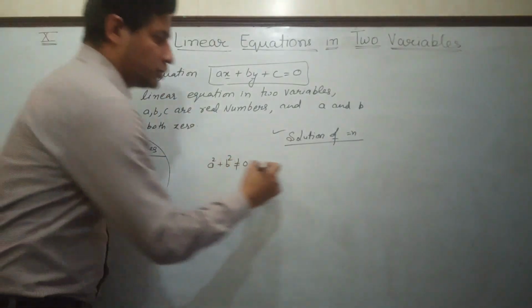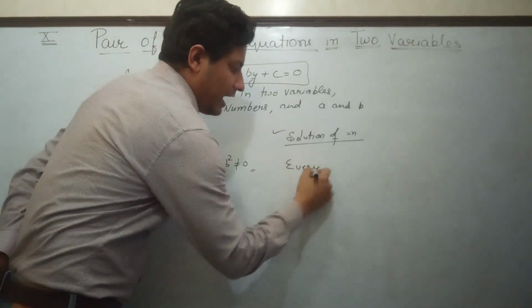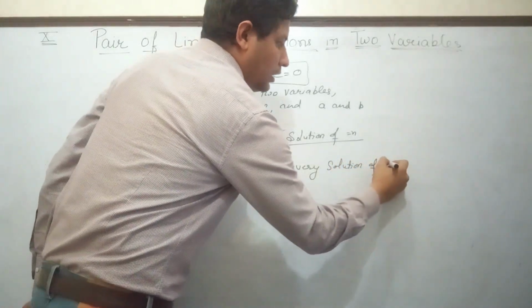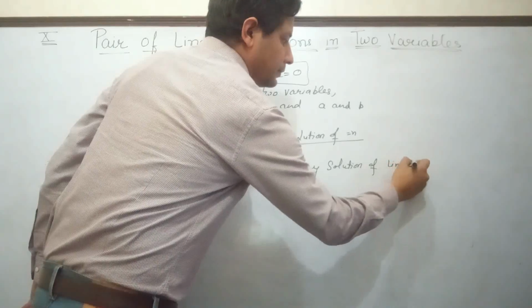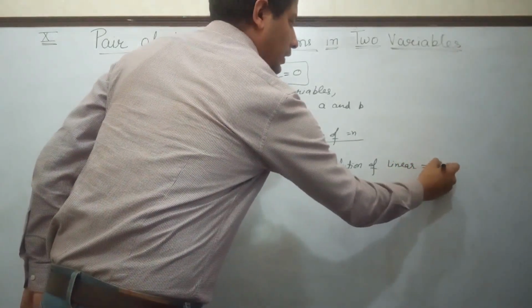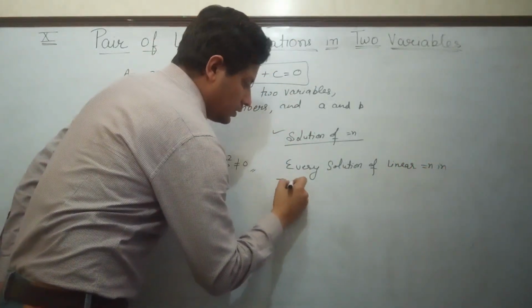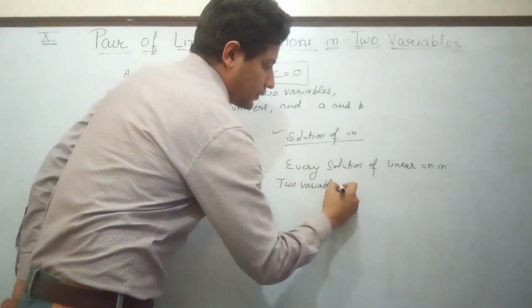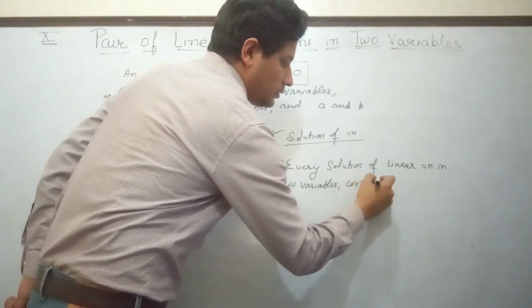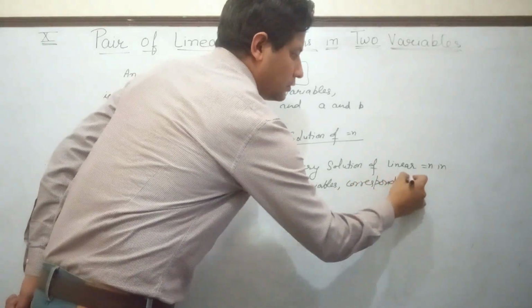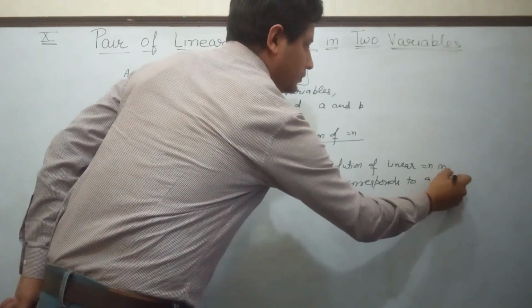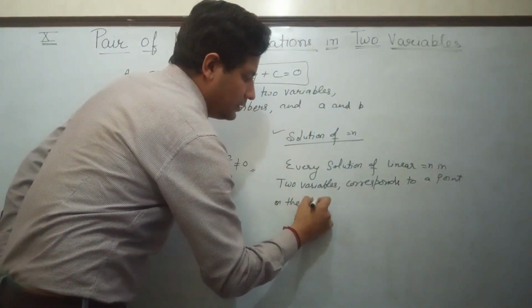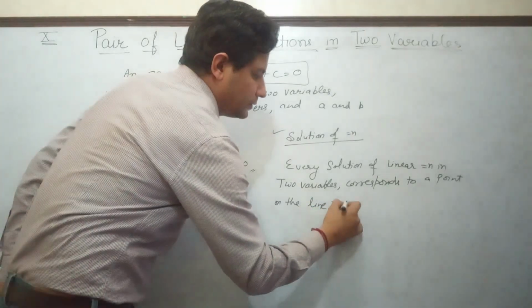And every solution of a linear equation in two variables corresponds to a point on the line representing it.